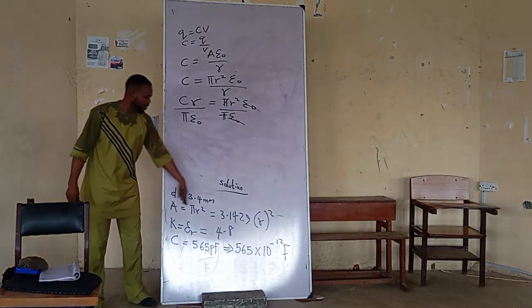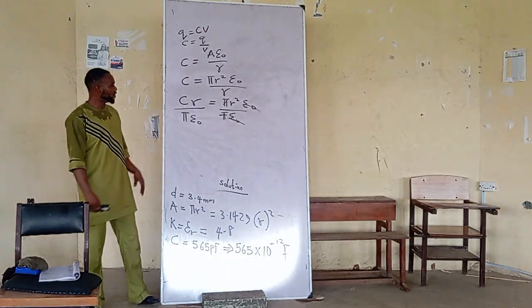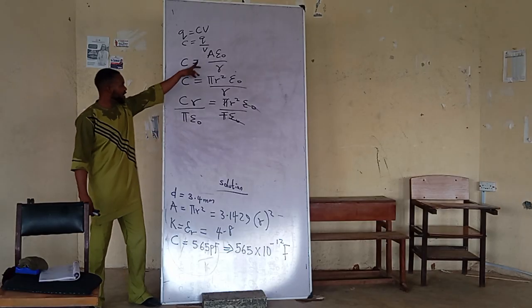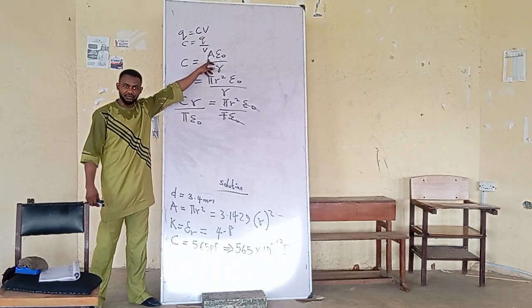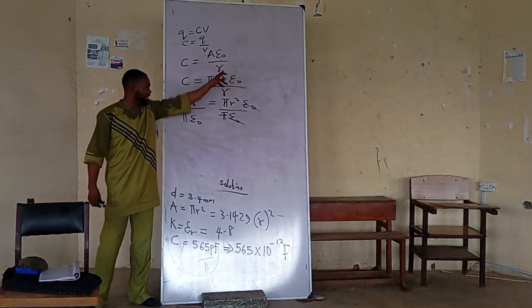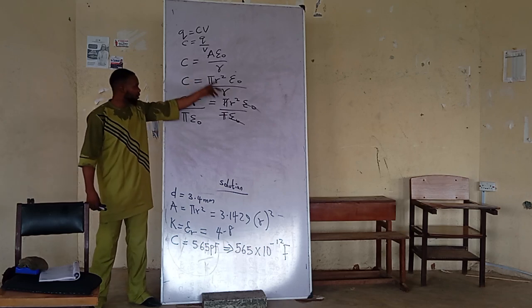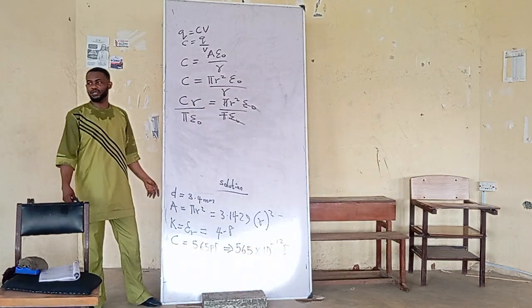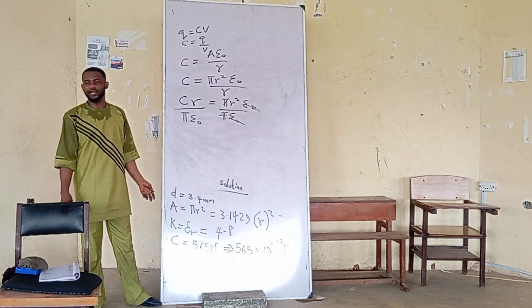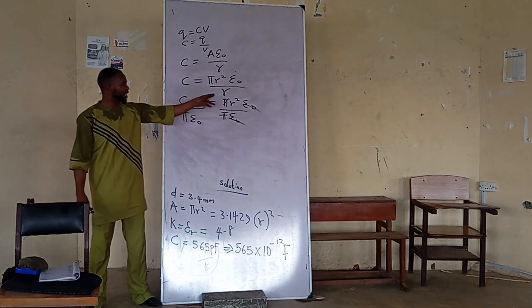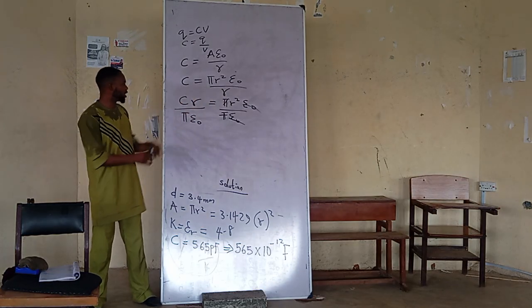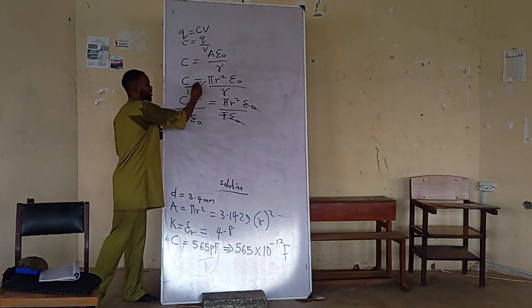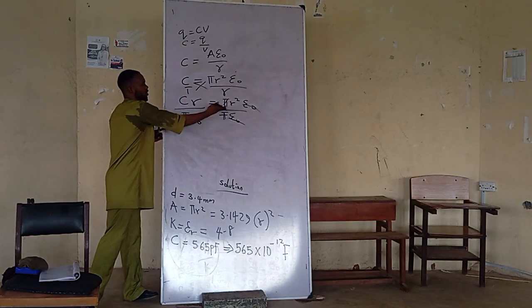Before I start putting all these things, is it not true that this A means pi r squared, this one is epsilon naught, and this is d? They say we should find the radius, so try to make the radius the subject of the formula. If you multiply this one times this one, you now have this.